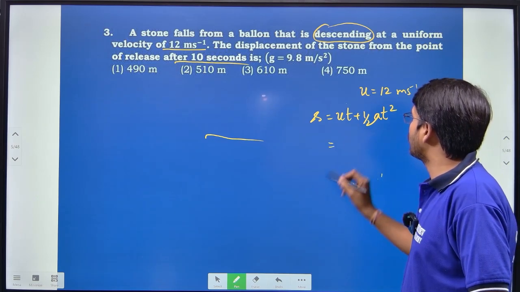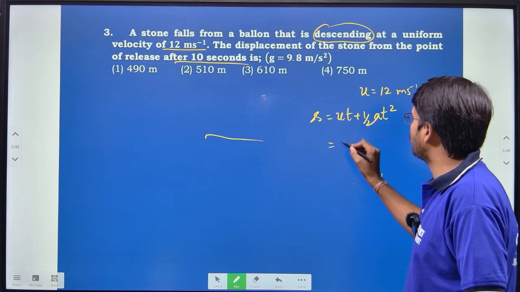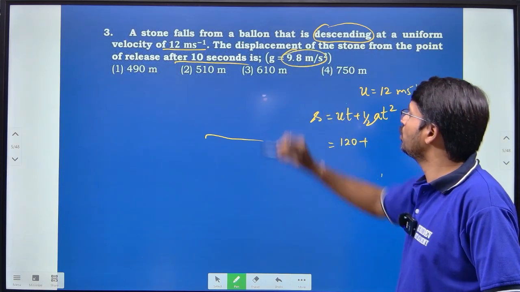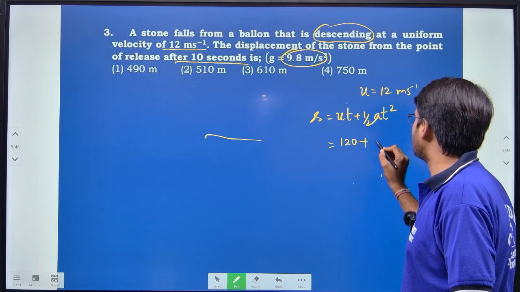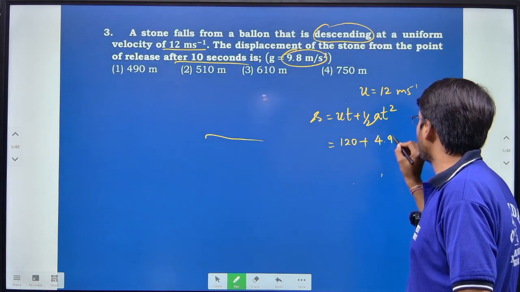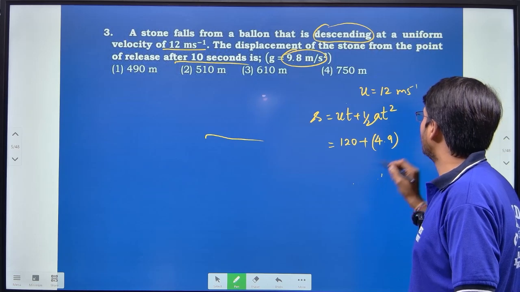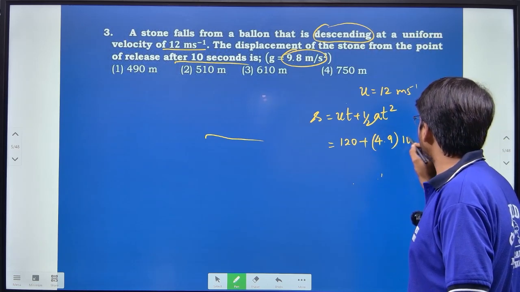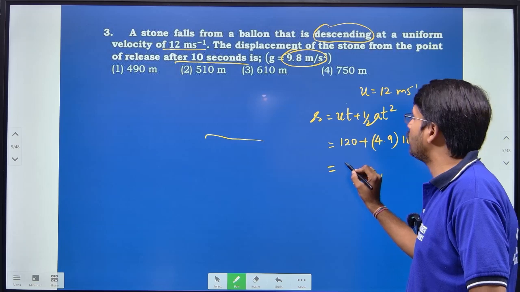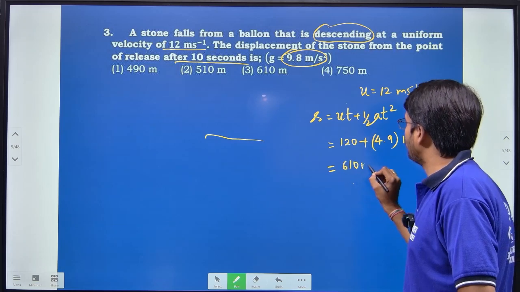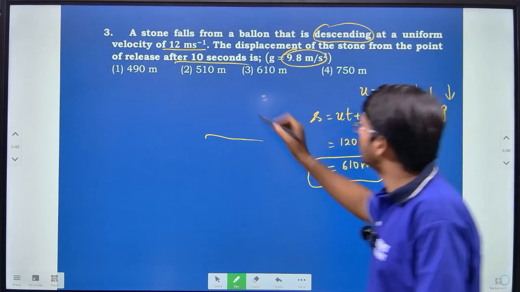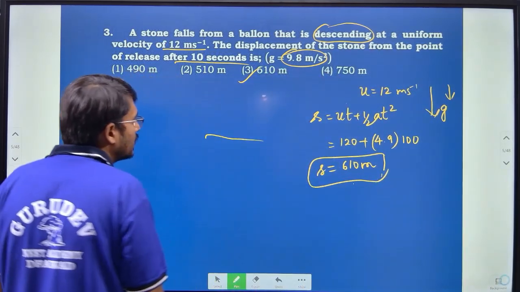So u is 12 into 10, that will be 120, plus, as they have mentioned we have to use 9.8, so 9.8 divided by 2 is 4.9, multiplied by t square, so 10 into 10, that is 100. Therefore this will be 490 plus 120, that is 610 meters. That is the total displacement. Therefore option 3 is the right answer for this one.